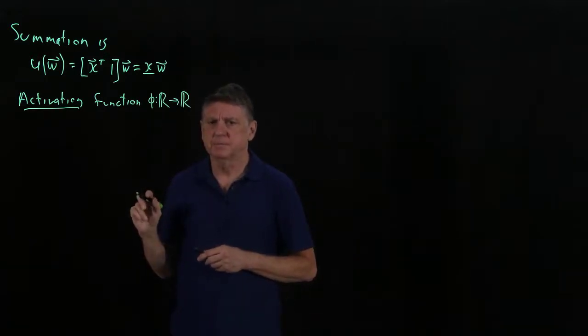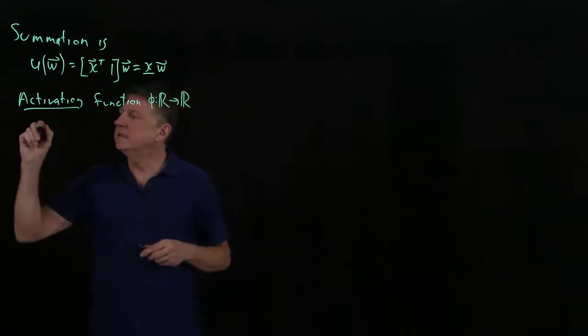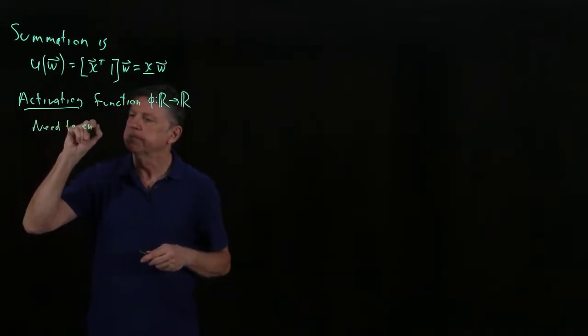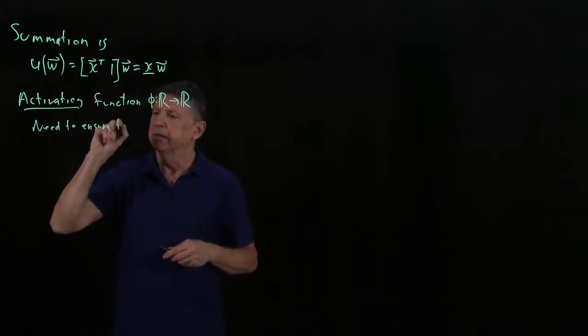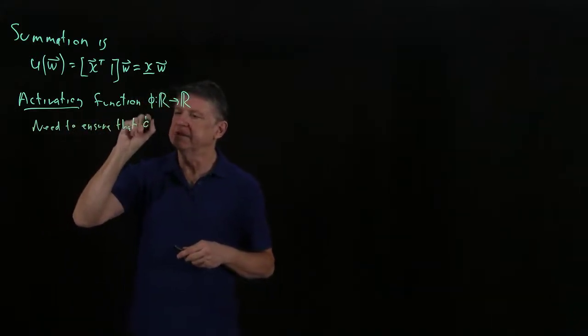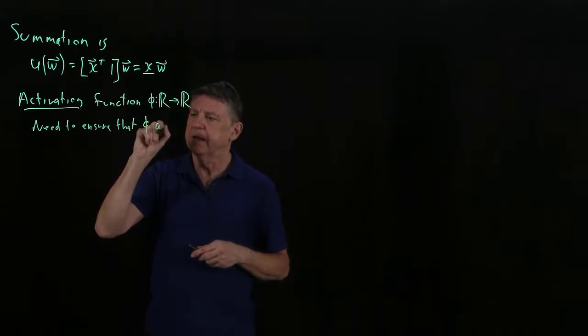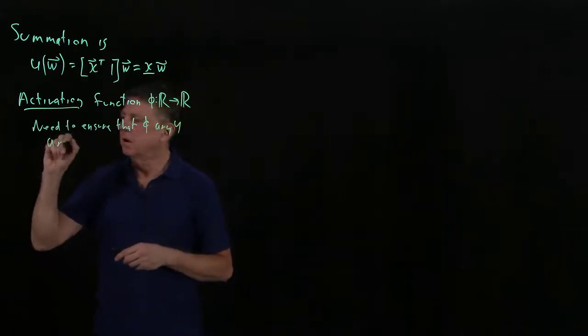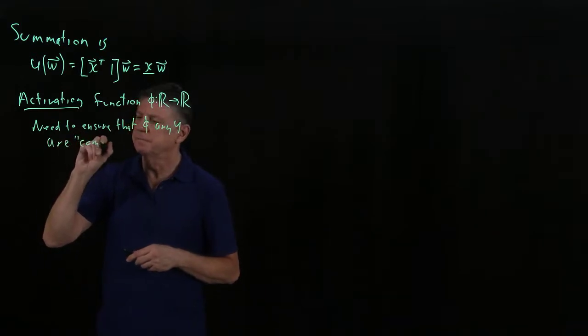So when you go to read other material, please be sure that you understand what the assumptions are and what is being mapped. We need to ensure that this function and the labels are compatible.